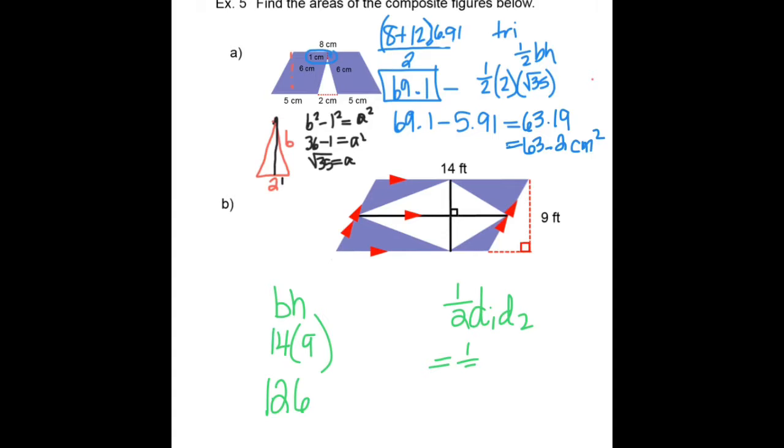Diagonal 1 is 14. Diagonal 2 is 9. So that's also 126. Half of 126 is 63. I have to subtract those. So 126 minus 63 equals 63 feet squared.